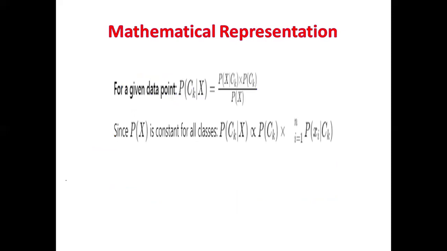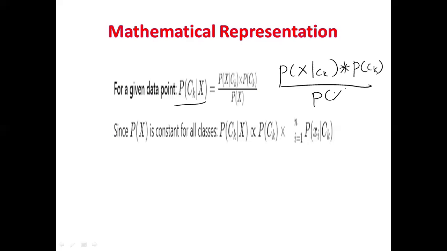And the mathematical representation of this is given by, as I've said, probability of ck given x is equal to probability of x given ck into probability of ck divided by probability of x. This is the mathematical representation.